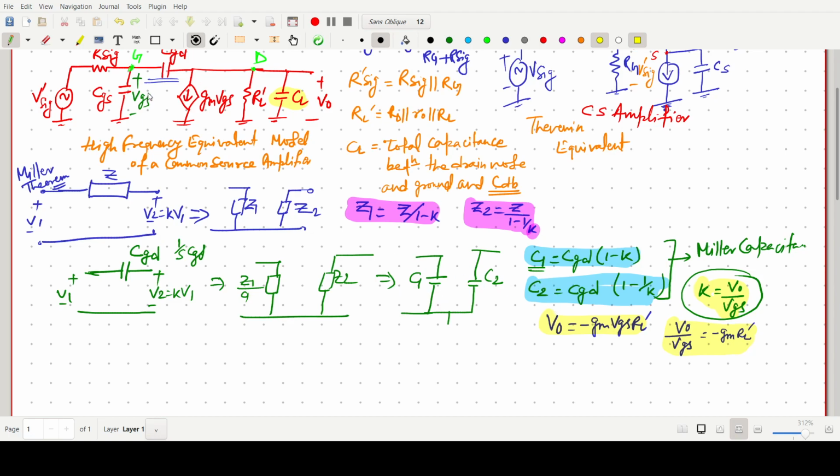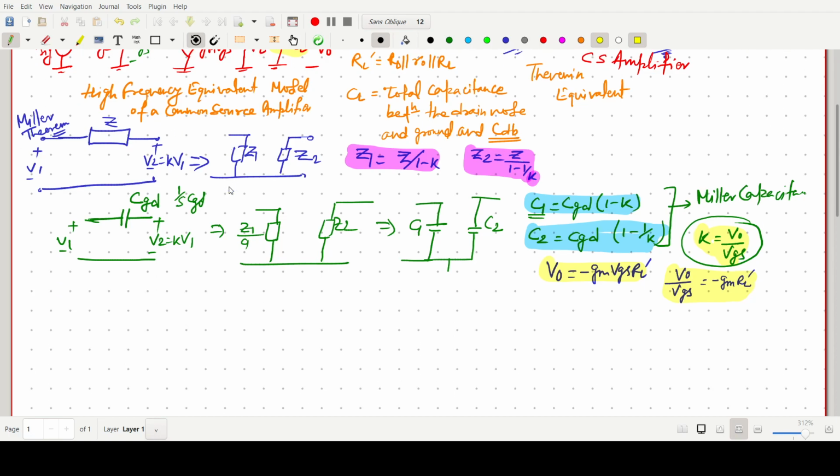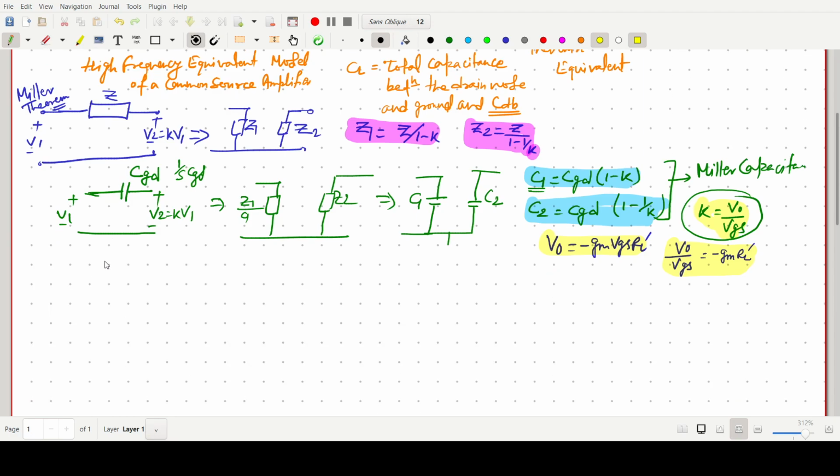Okay. So if we break this high frequency model, one can write, plus and minus, say this one is our V signal dash.